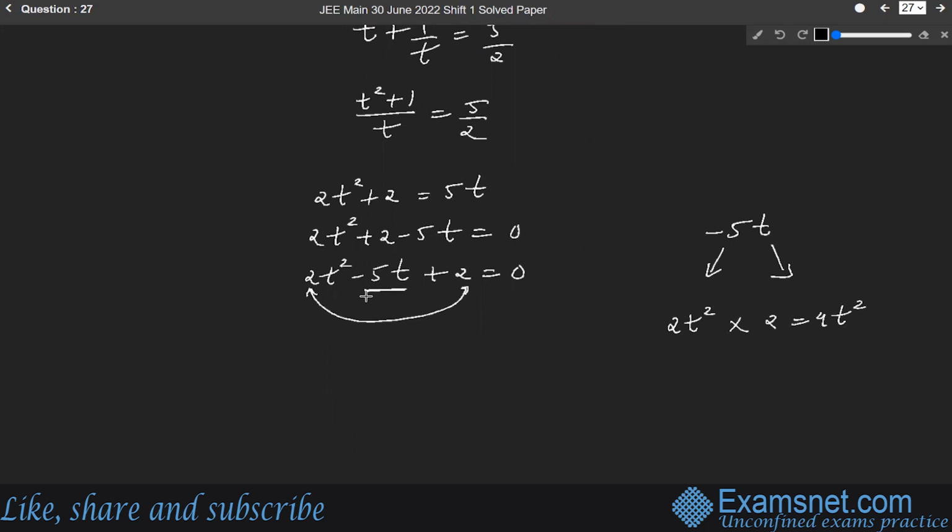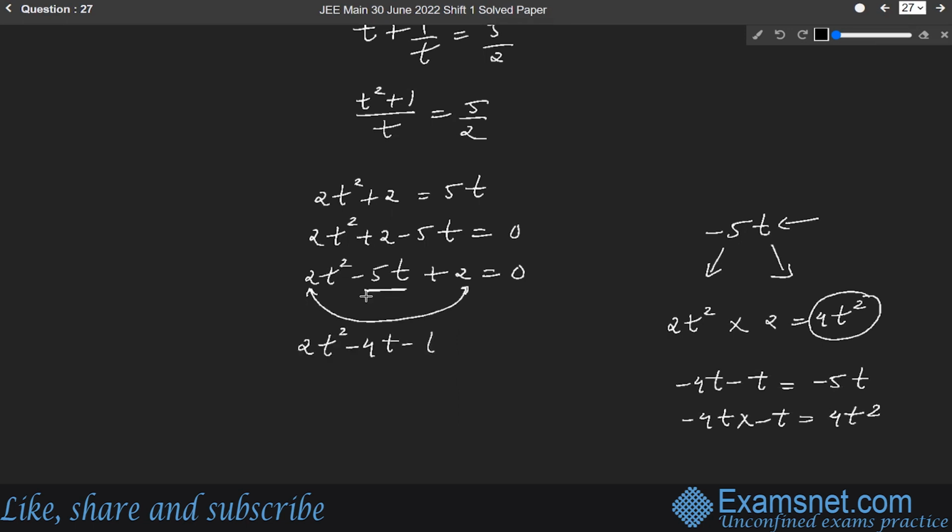So the two numbers should have a product equal to 4t square and the sum equal to minus 5t. So the two numbers can be minus 4t and minus t. When we add both of these, it is minus 5t. And when we multiply minus 4t with minus t, we have 4t square. So 2t square minus 5t can be written as 2t square minus 4t minus t plus 2 is equal to 0.